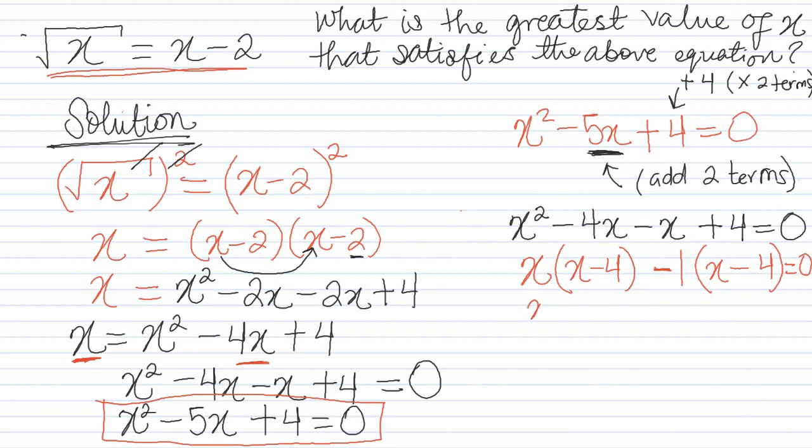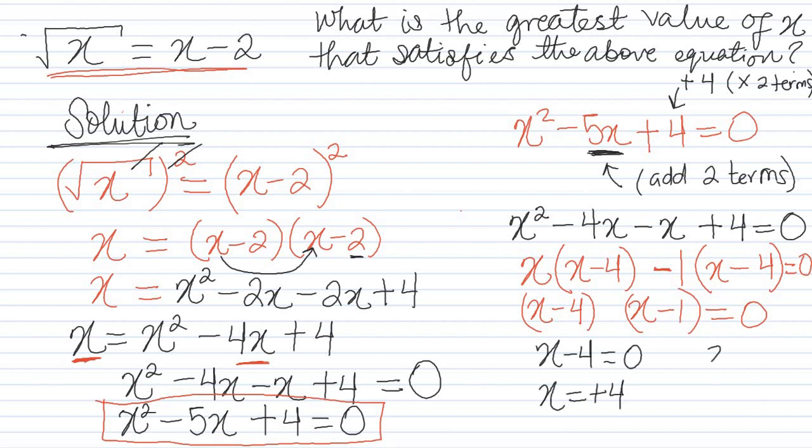So that would be x minus 4 and x minus 1 equals 0. So x minus 4 equals 0 gives x equals positive 4, and x minus 1 equals 0 gives x equals positive 1.